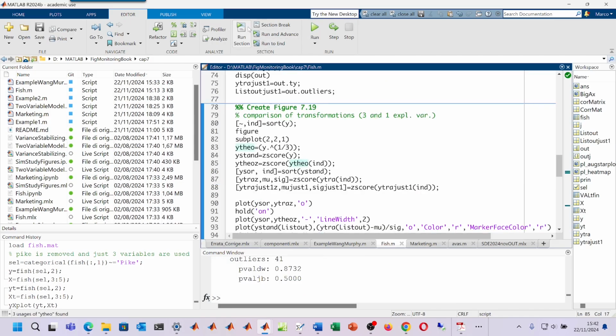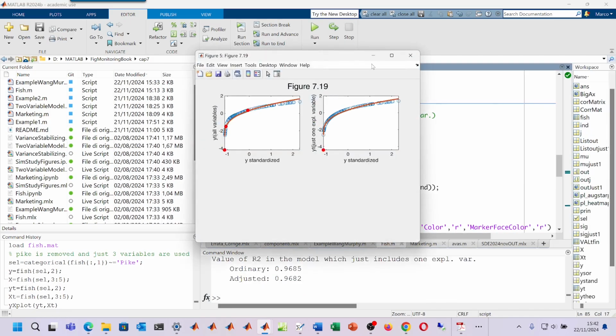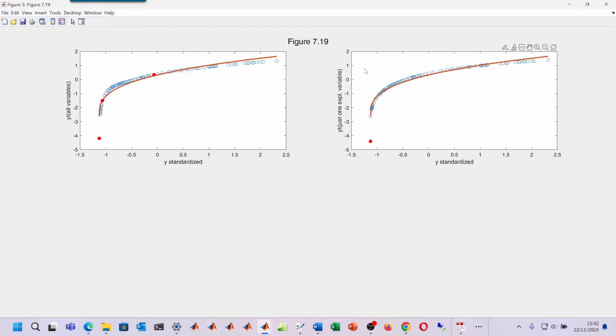Now we compare the solution coming from the analysis using all explanatory variables and the one which uses just one explanatory variable. What we have here in thinking about the data is the weight and some lengths.